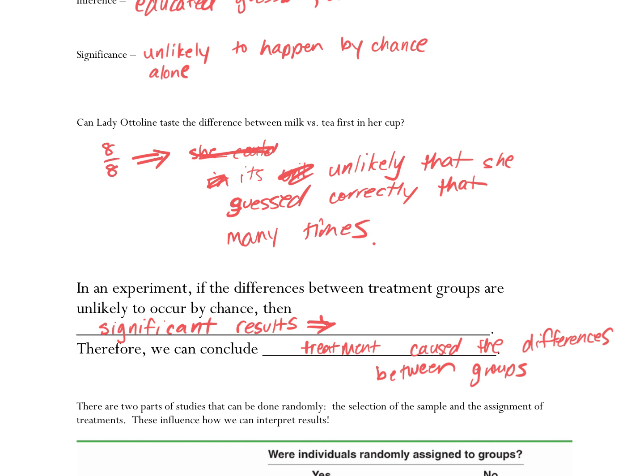Okay? So only in a well-designed experiment. It's well-designed if the treatments are randomly assigned. If the treatments are randomly assigned, we're assuming our groups are on par with each other. So now, if there's a big difference, it has to be big enough that we say not likely to have happened by chance. Later on this year, we'll talk about how we decide whether our sample was unlikely to have happened by chance. That's Unit 6. Okay?